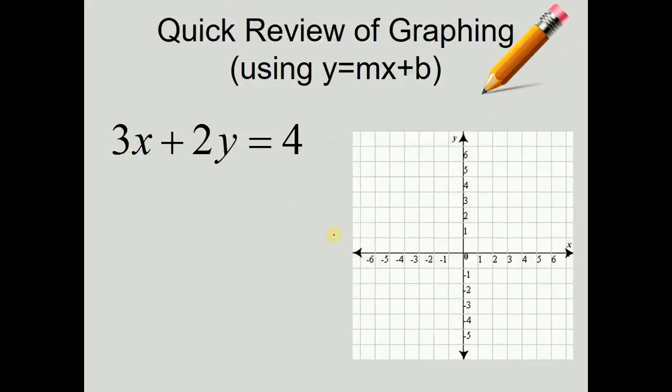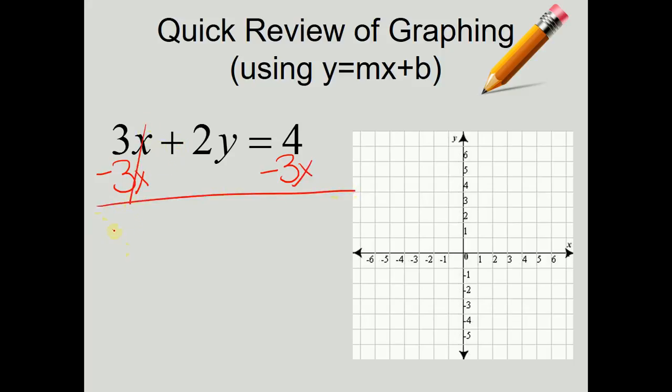Now, let's do some remembering of how to graph using y equals mx plus b. Well, very first thing I notice is I have a literal equation here. It is not solved for y. That is not good. Can't graph without being solved for y using y equals mx plus b form. Alright, so first thing I'm going to do, I'm going to subtract 3x from both sides. I want to get y alone.